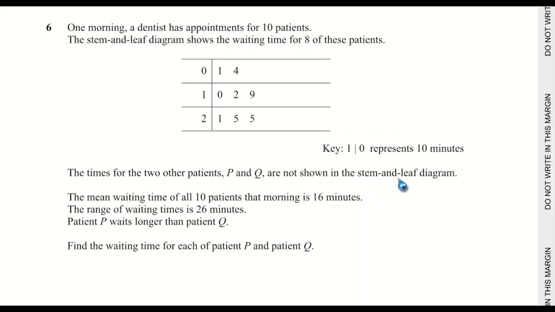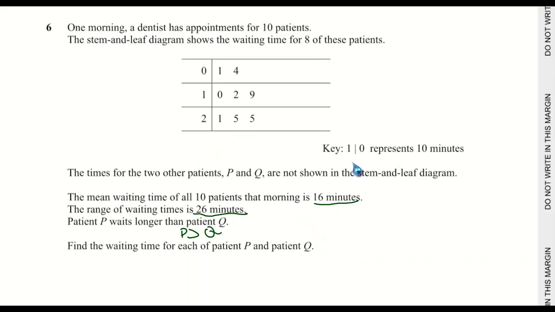The mean waiting time of all 10 patients that morning is 16 minutes. The range of waiting times is 26 minutes. Patient P waits longer than patient Q, that is P is greater than Q. Find the waiting time for each of patient P and patient Q.